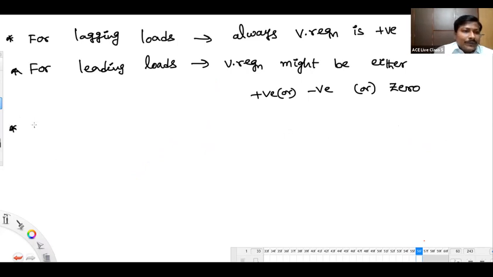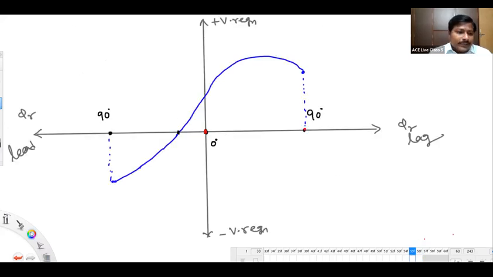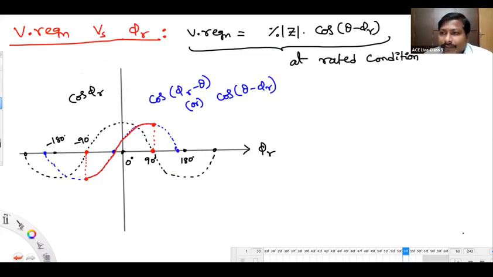Next, could you please tell me for UPF load how it is? What do you mean by unity power factor load? Power factor angle is zero. Of course, I know it is positive. That's clear. How much is that value to be expected? If you keep phi r equals 0 in this, you get voltage regulation as percentage Z into cos theta. What do you mean by percentage Z into cos theta?